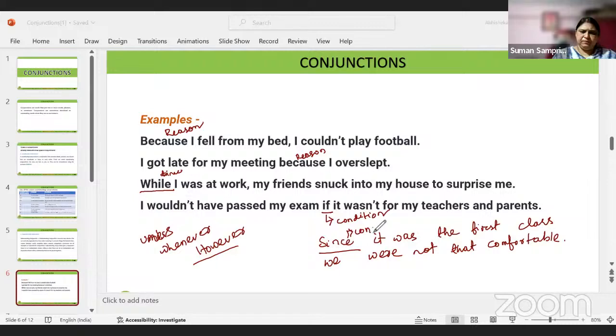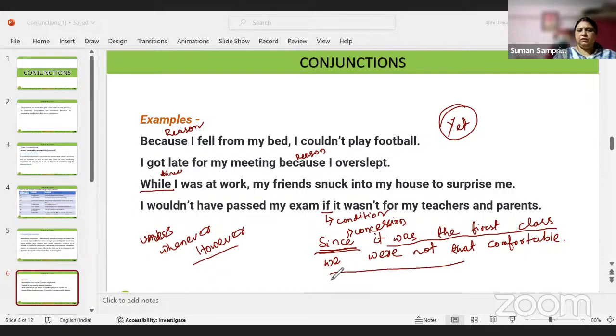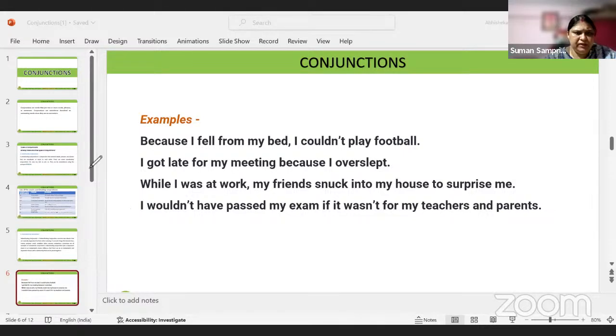A concession. See, we have already seen one concession in that yet. Okay, and here another. It is joining an independent clause with a dependent clause. Okay, there we are joining two phrases or two words, two clauses, etc. Okay, so these are examples of your subordinating conjunction.